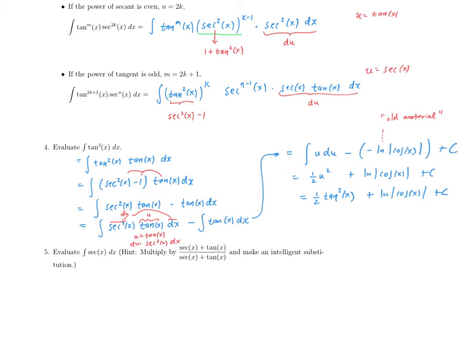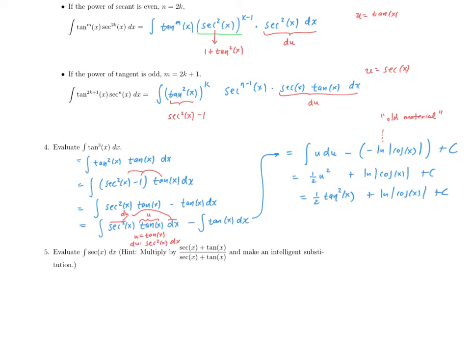In this case, if we rewrite tangent cubed, because it's an odd power of tangent, by saving a tangent and rewriting the remaining tangents in terms of secants with the Pythagorean identity, it turns out to give us an approach. Now remember, if you've evaluated this differently, there's many ways to go about it. This is a way that works.